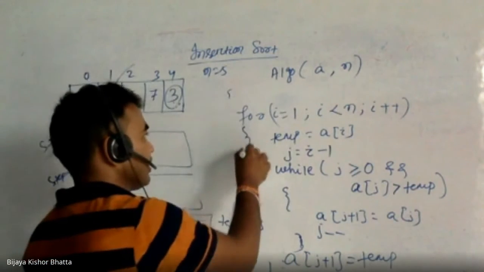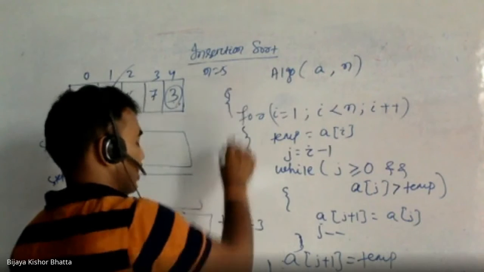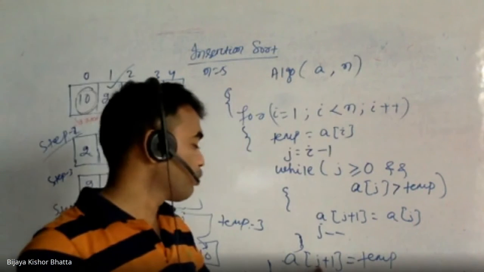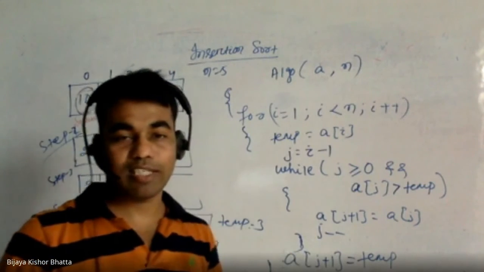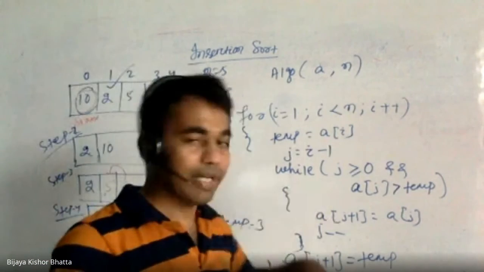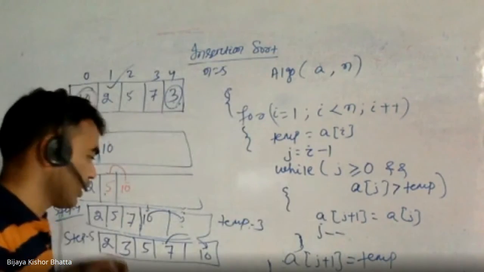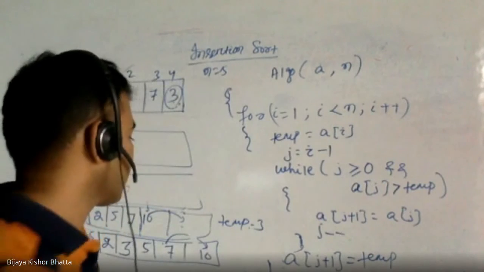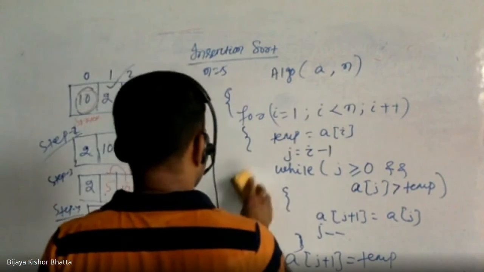This for loop started here and ended here, and this algorithm started here and ended here. The j plus 1th index is where I can put this 3. So that is the whole program of insertion sort.